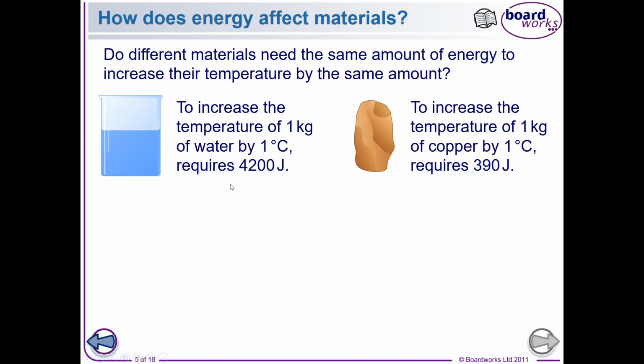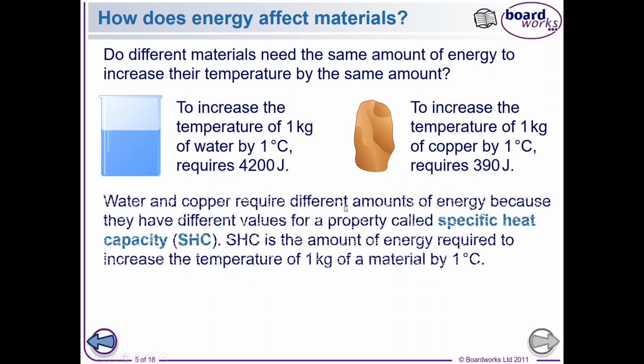But if you have a lump of copper, which is a metal, the same mass, 1 kilogram of it, and you also want to increase the temperature of that by 1 degree C, that only needs 390 joules of energy. So it needs a lot less energy to heat up copper than it does for water. And that is because they have different specific heat capacities.